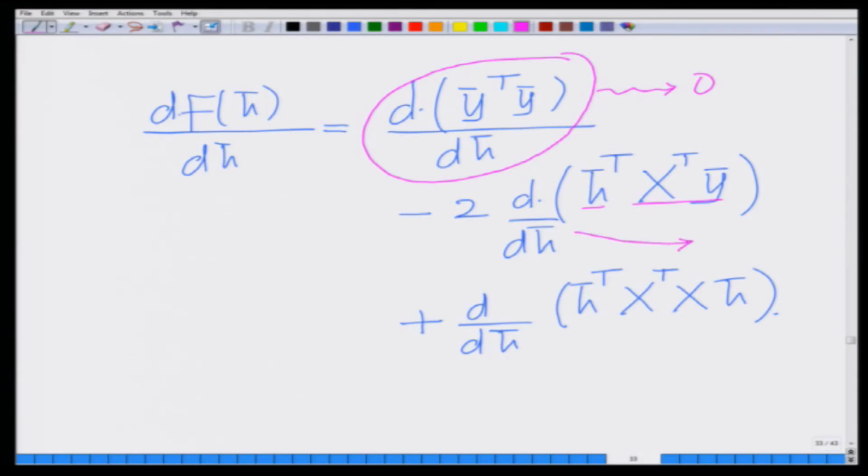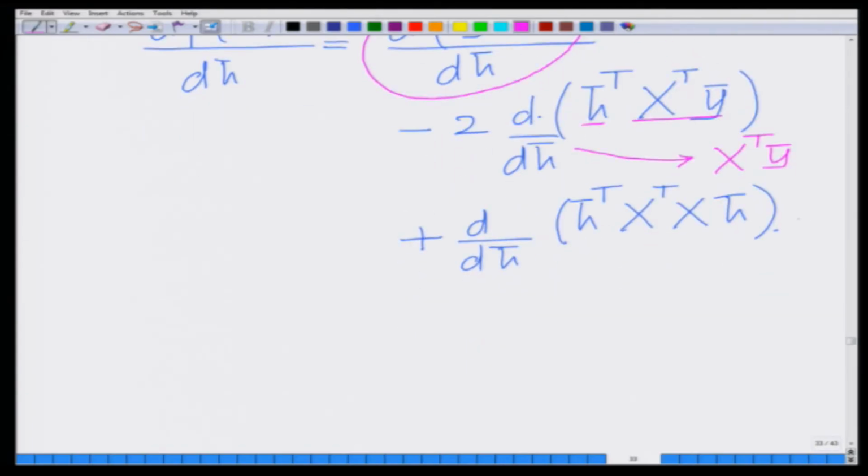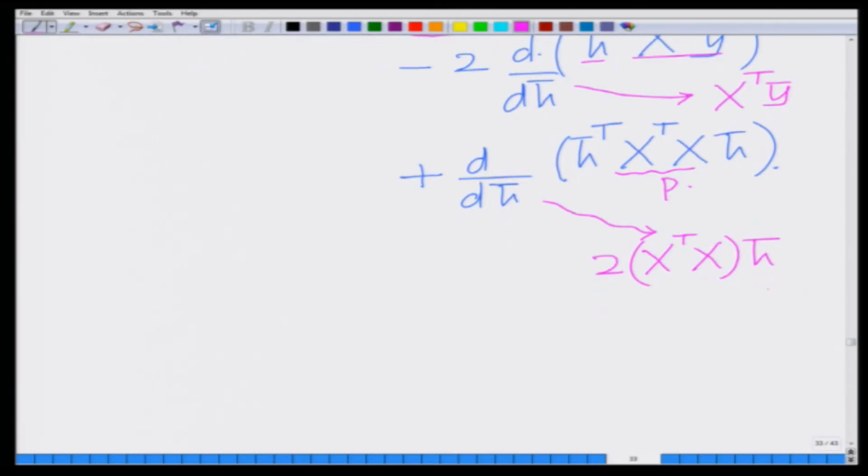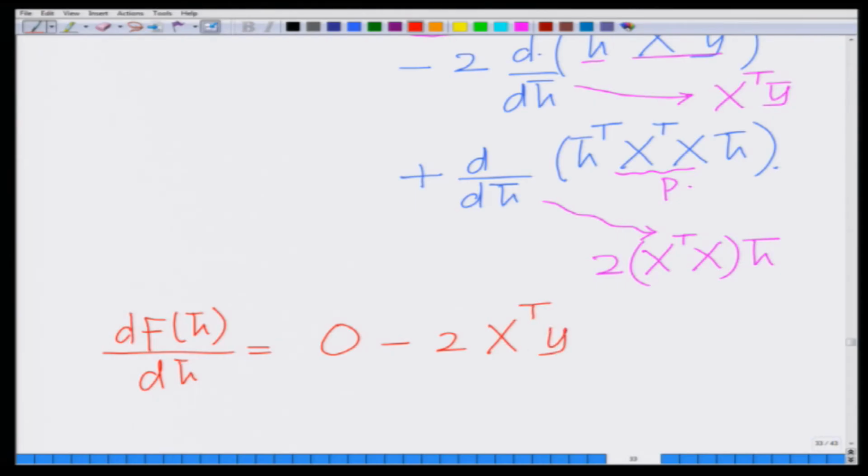So, the derivative of this is equal to x transpose y bar, and this quantity over here is basically H bar transpose P times H bar, which means this derivative is twice P, that is twice x transpose x times H bar, which means the derivative now can be simplified as the derivative equals 0 minus 2 x transpose y plus 2 x transpose x H bar, which we are setting equal to 0.